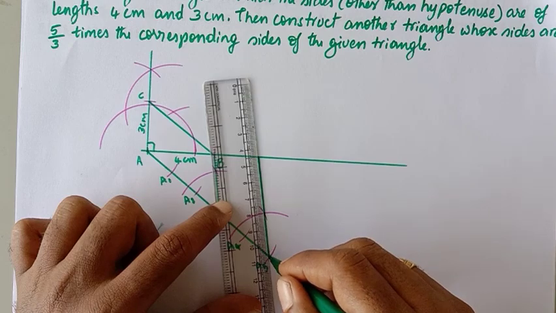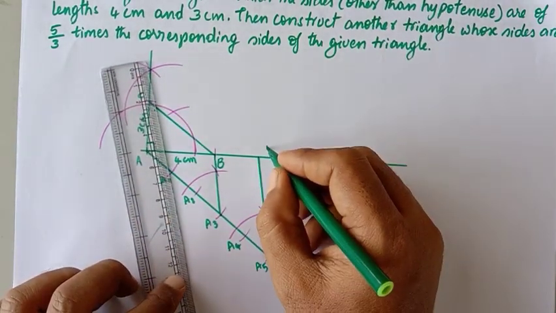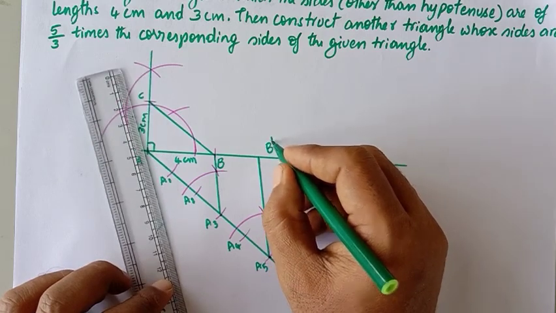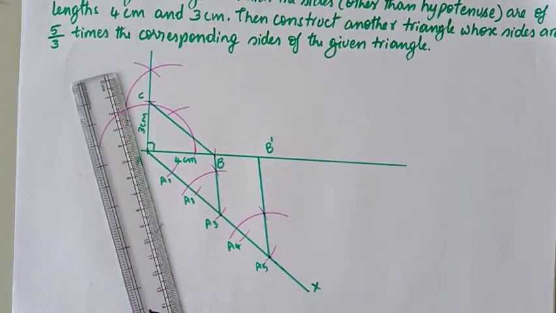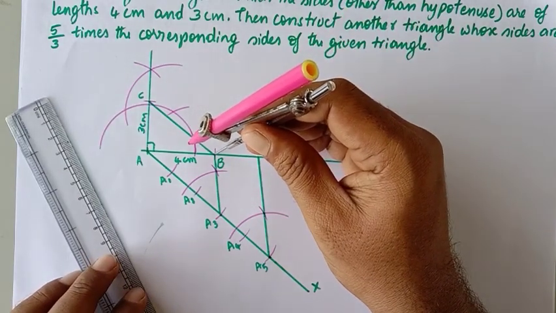Yes, I have drawn this line and I will call this point B dash. And now I will take once again the compass and then I will draw from this point.